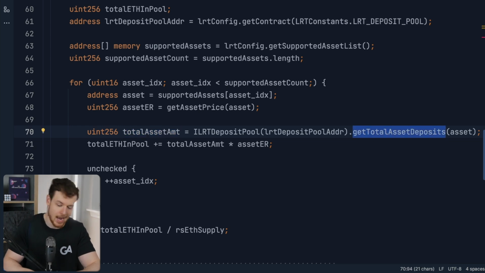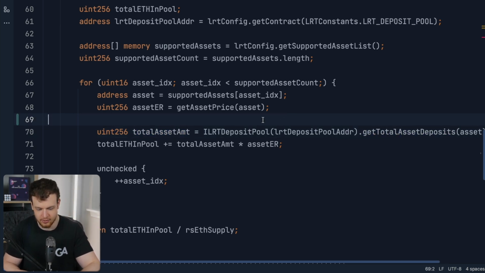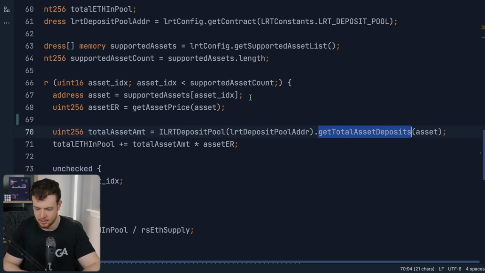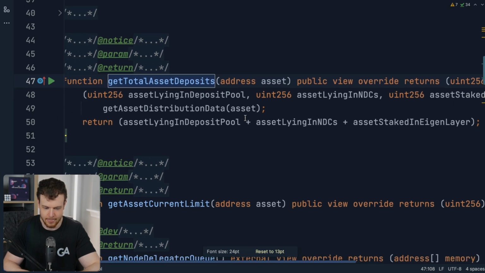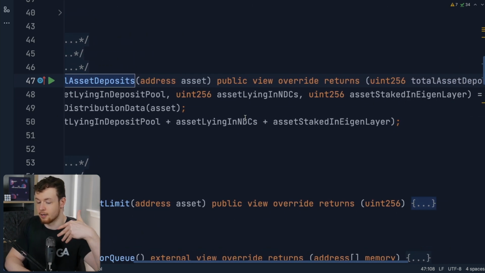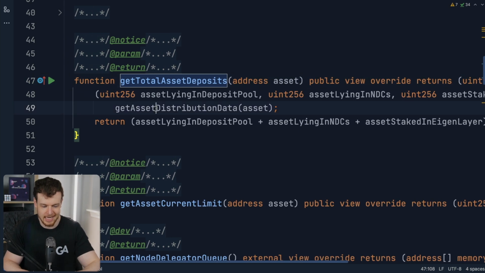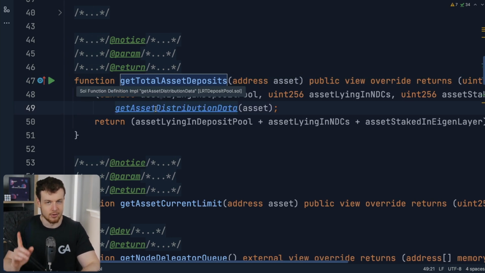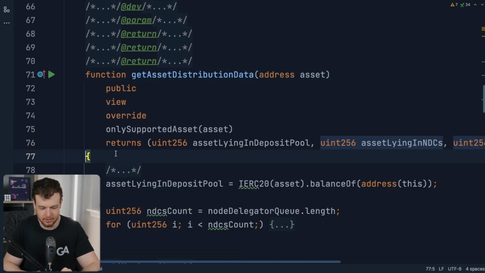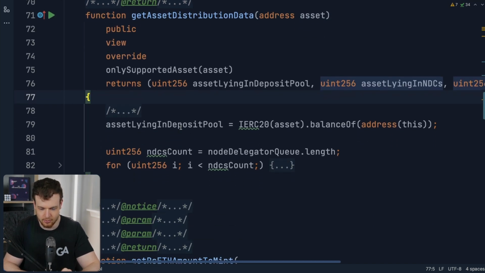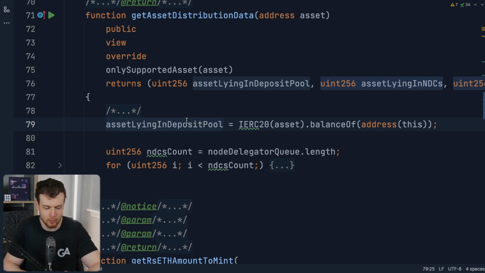So let's go back over to the LRT deposit pool and let's check out this get total asset deposits function. We've got that function right here, and we're going to go to yet another function called get asset distribution data. So it's not straightforward. They're making us work for it, but let's see. So first of all, boom, the smoking gun.